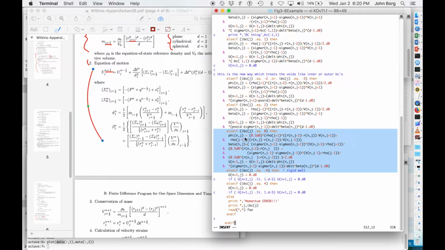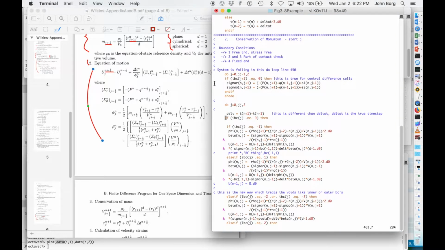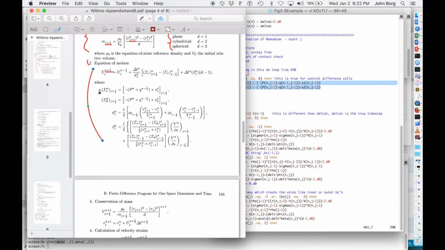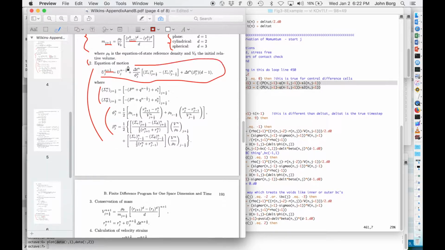First I should go back. The first thing it did was calculate all of the sigmas, which you can see is specified right here in the appendix. And then really it's about calculating phi and beta, and then ultimately using that information to calculate the half-time step for the velocity.